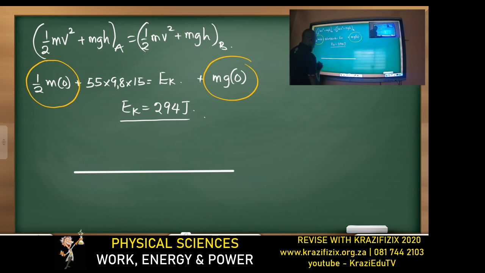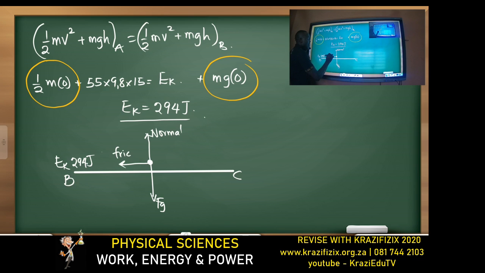Here is my point B, and there is my point C, and the kinetic energy here is 294 joules. But there is friction, so let's draw a free body diagram. The object is on a surface, so we have normal, and then force of gravity. That's my normal force.